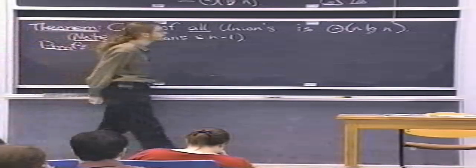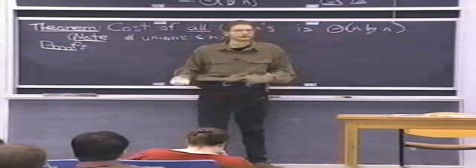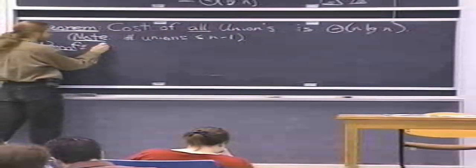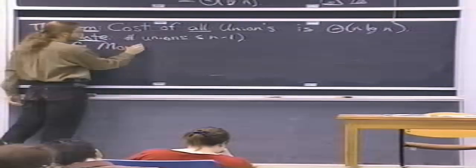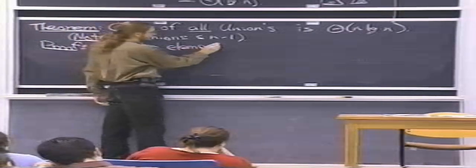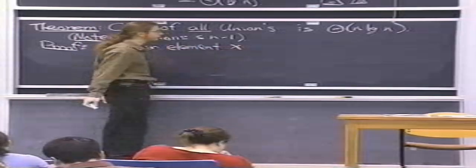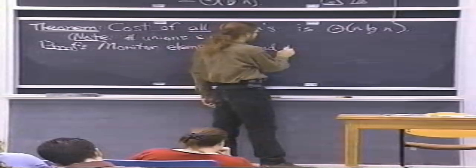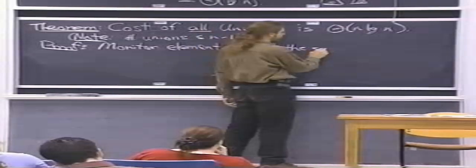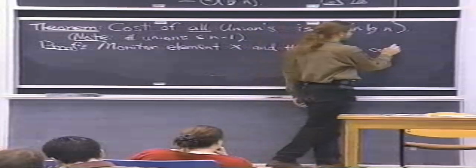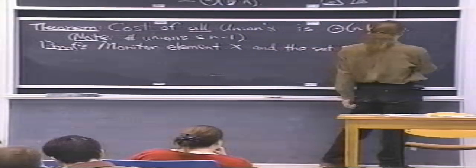So there's something involving the number of elements. Let's just fix a particular element of interest. Let's say we monitor a particular element, call that element x. And we're also going to keep track of the set that contains that element x, so again, we'll call that S sub x.